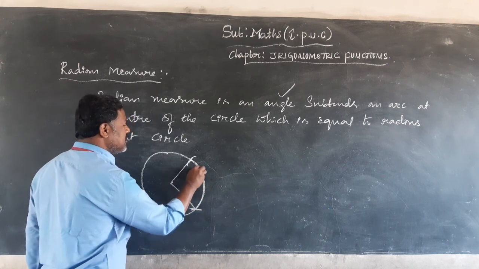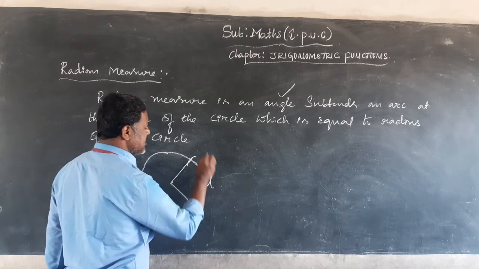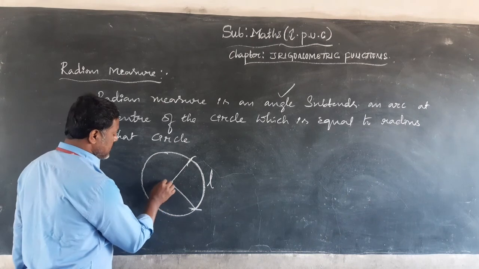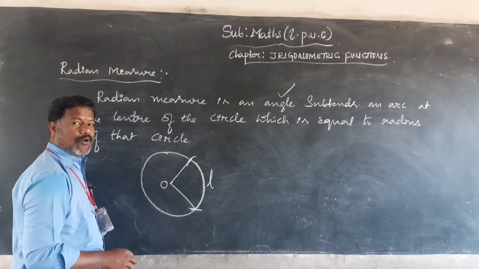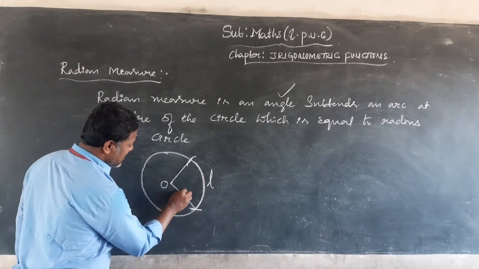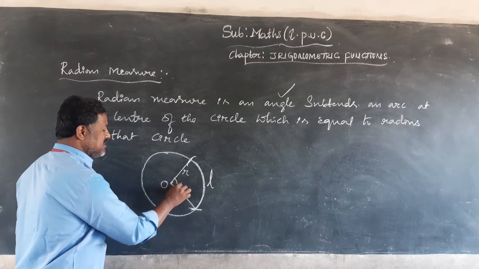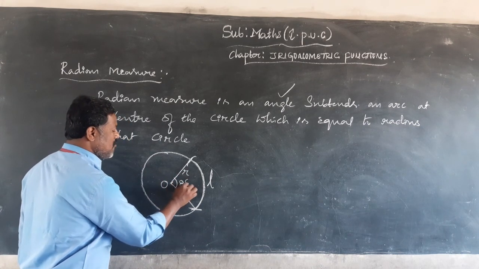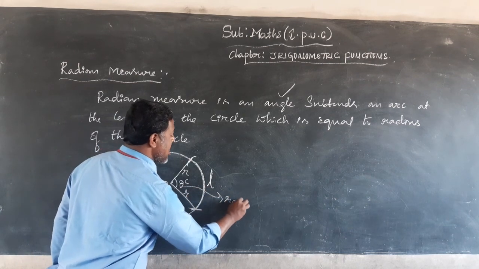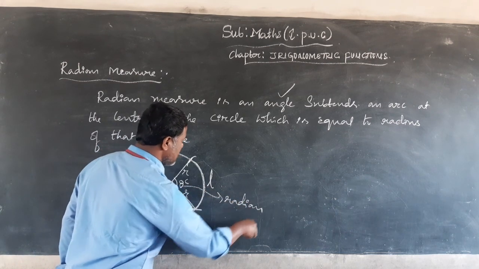This arc we are going to call as L. This is the center O. This is the radius, and this is also the radius. So this is what we call theta. So this is what we call the radian measure.